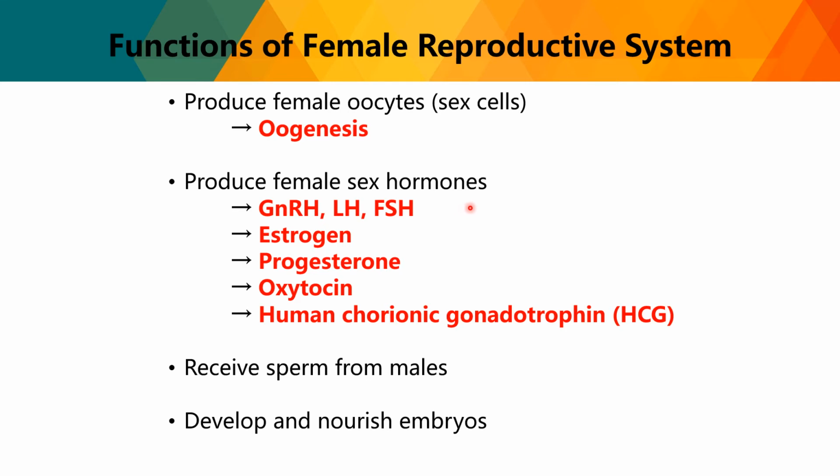So special for females are the estrogen, progesterone, and then oxytocin, and of course the human chorionic gonadotropin. So the oxytocin and human chorionic gonadotropin are very present during pregnancy. And then of course they receive sperm from the males and they develop and nourish the embryos.